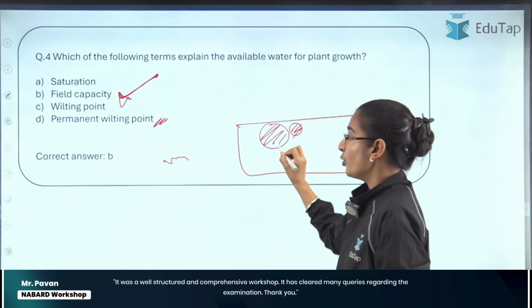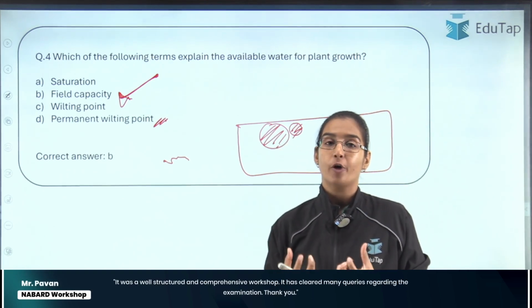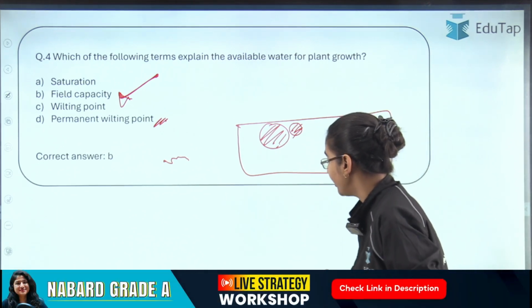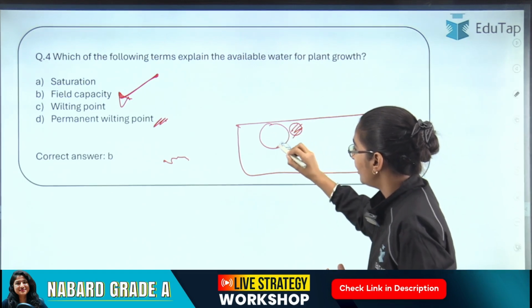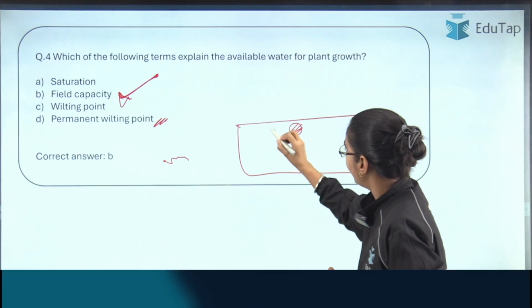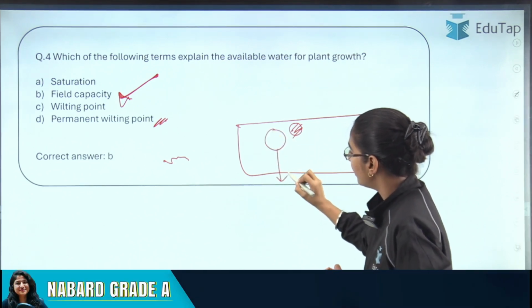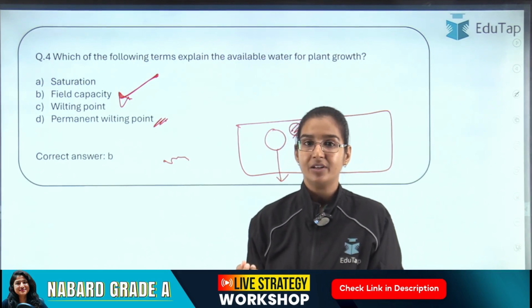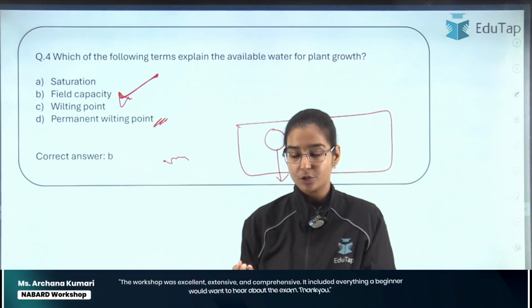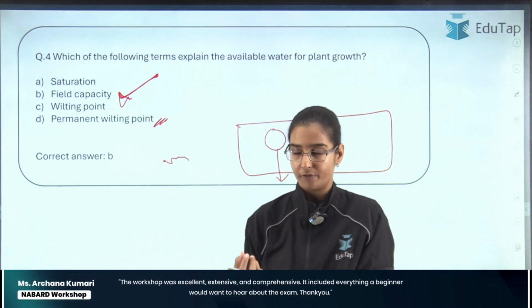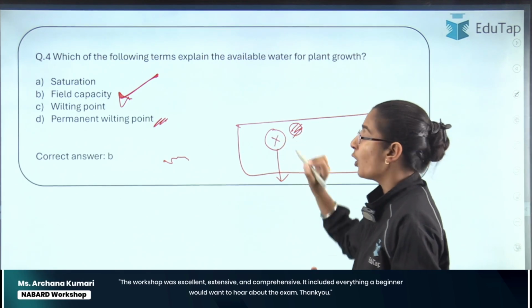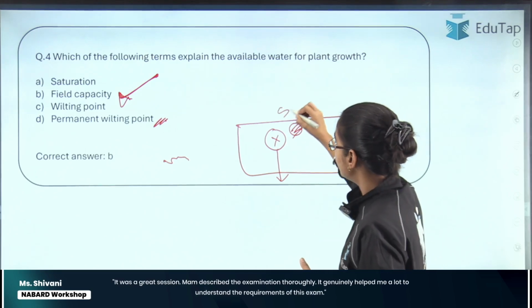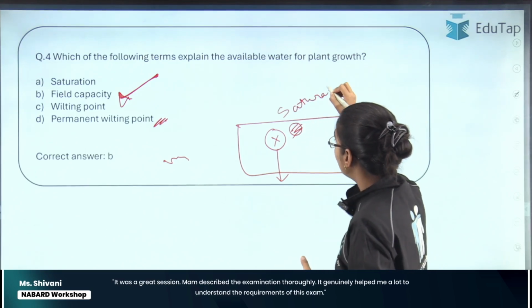But the macropores cannot hold water for a very long period of time because of the gravitational force, and the water in the macropores will go downwards, simply percolating to the levels below, in the substrata of the soil. This water will not be available for the plant's uptake, right? So this situation is known as the saturation point.